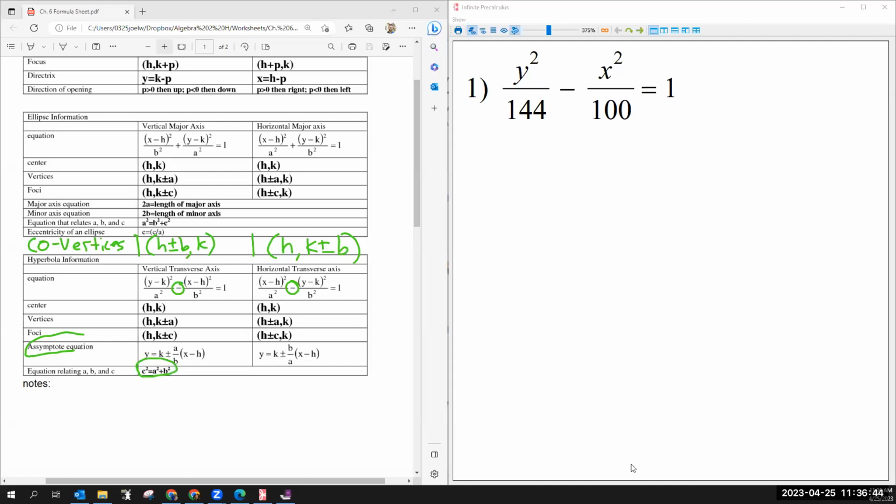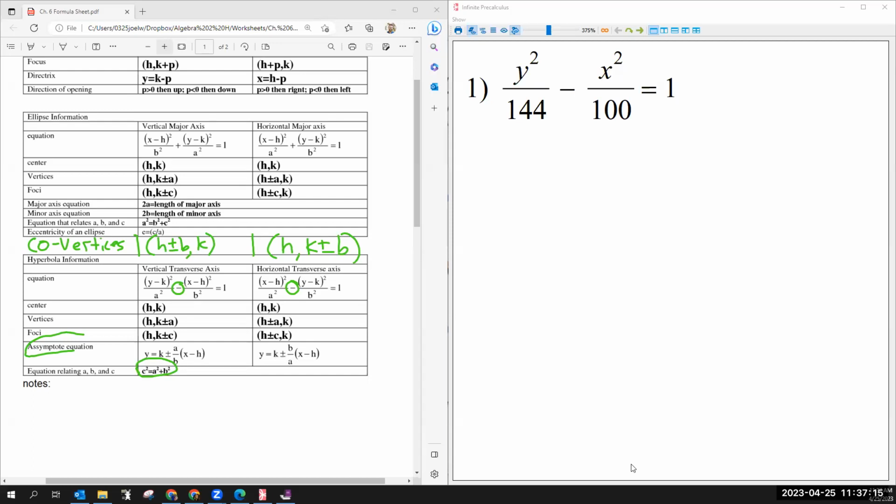Okay, so the fact that that's changed, what does that tell me about A, B, and C? I mean, they're in the same spots, but what about the size of those numbers? So the c squared is now the largest number.